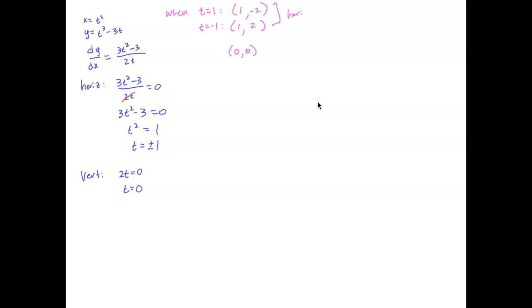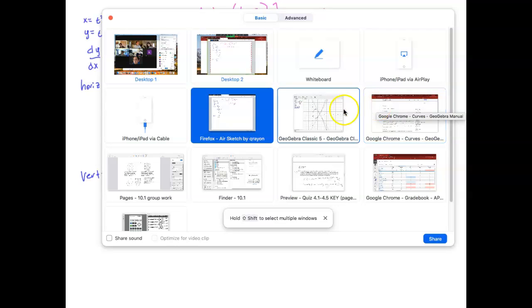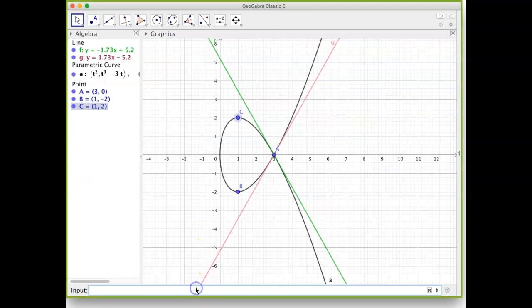So these are my horizontal tangents, and this is my vertical tangent. Let's just again verify that graphically. So (0, 0) is just the origin, and you can see there is clearly a vertical tangent there.